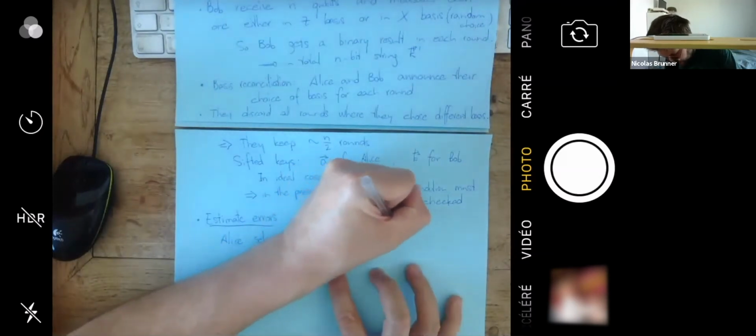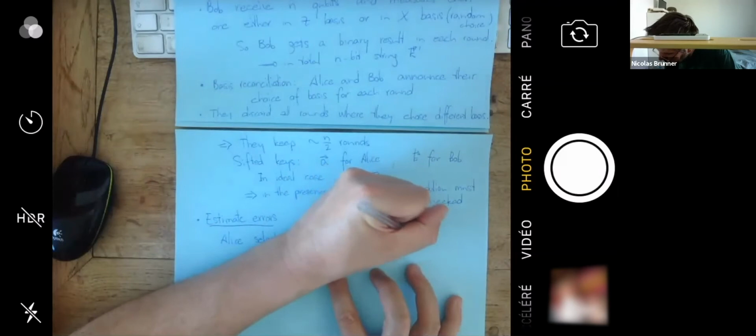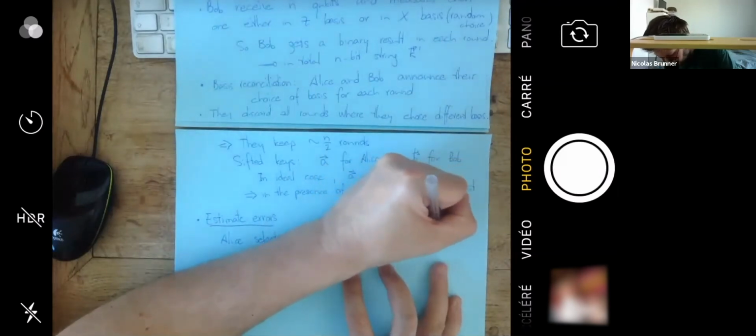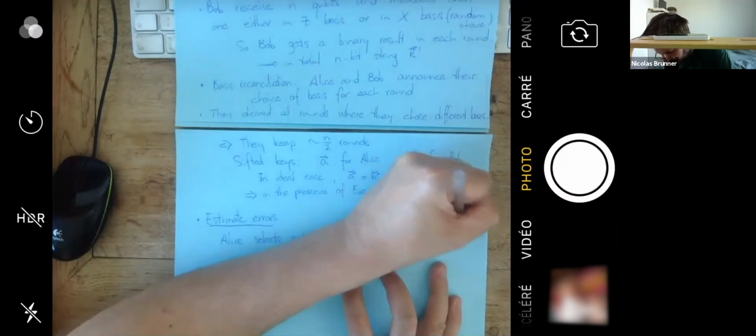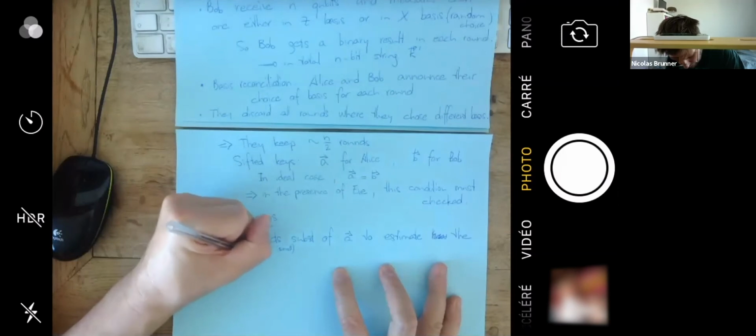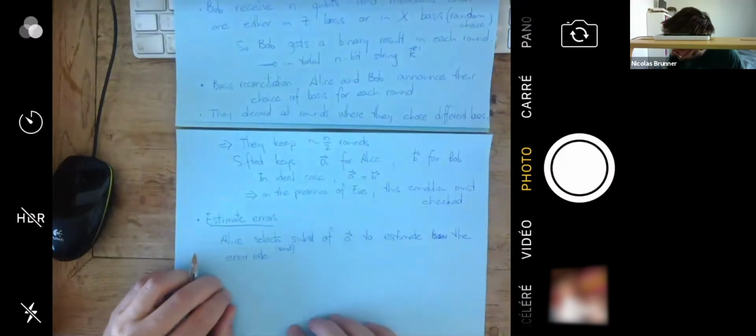To estimate, let's call it like this, the error rate, so how frequent there are errors.